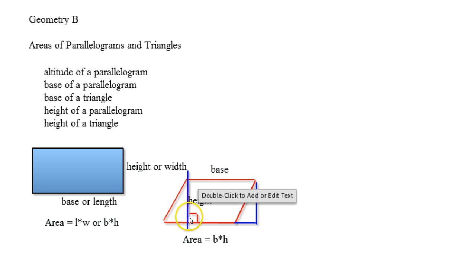Just remember the height is going to be represented right here. The height is also going to be the altitude of the parallelogram. Pretty simple. Now the base, it doesn't matter which one you use. The top one could be the base, or this bottom one could be the base. It's totally up to you. Now, you could also draw the altitude in a different direction.